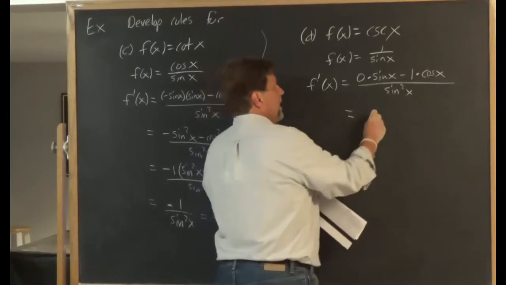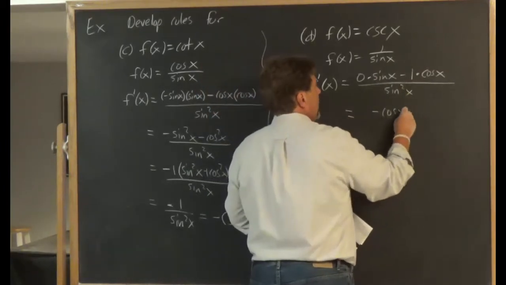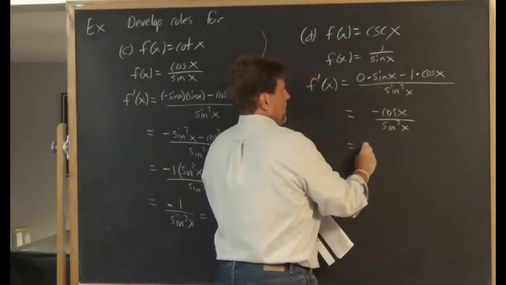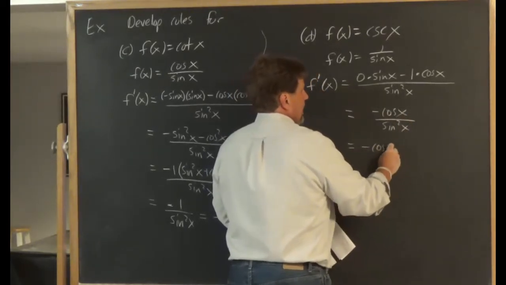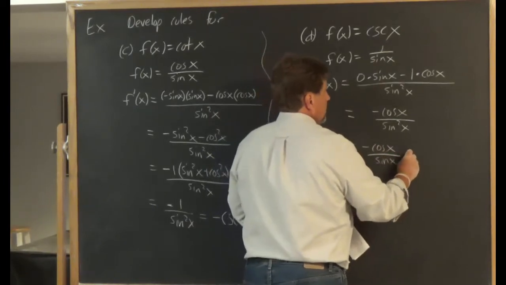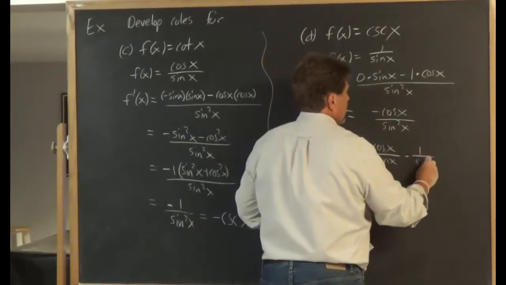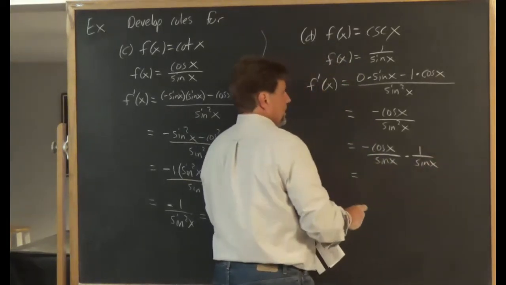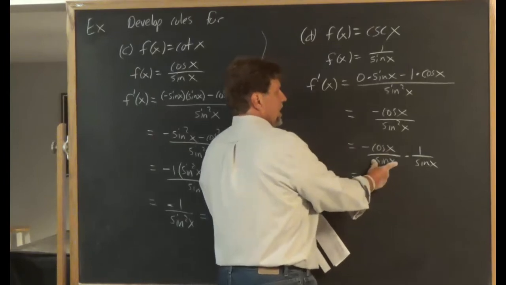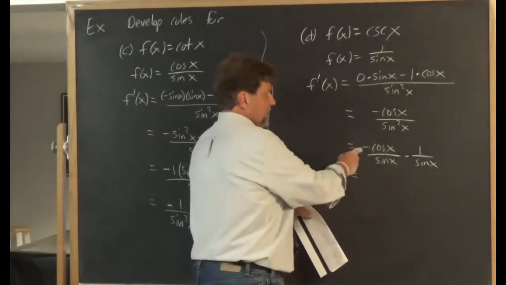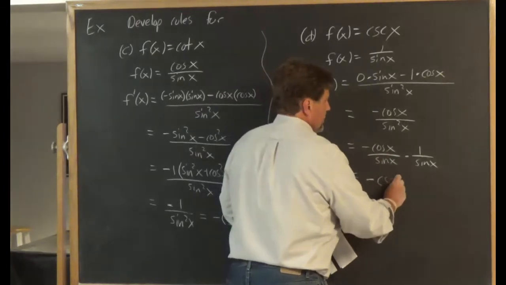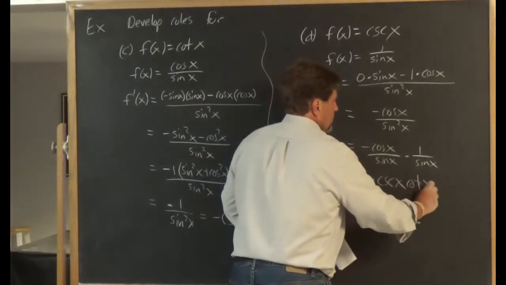So cleaning that up, we have negative cosine x over sine squared x. I can think of that as being negative cosine x over sine x times 1 over sine x. So 1 over sine is cosecant. Cosine over sine is cotangent. Don't forget the negative. So negative cosecant x cotangent x.